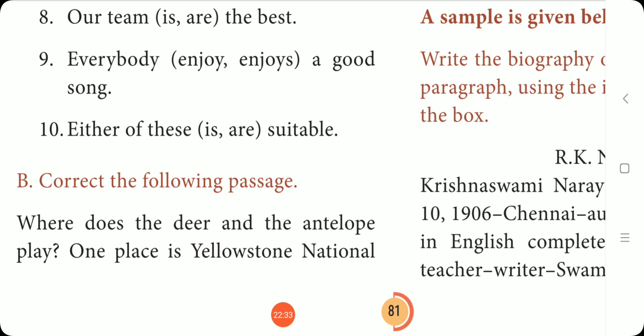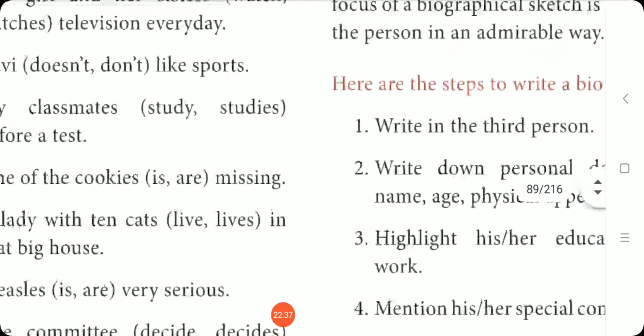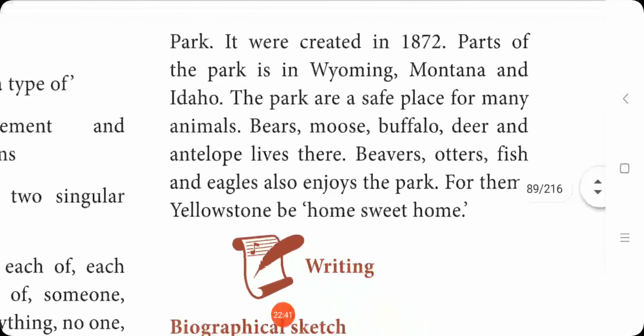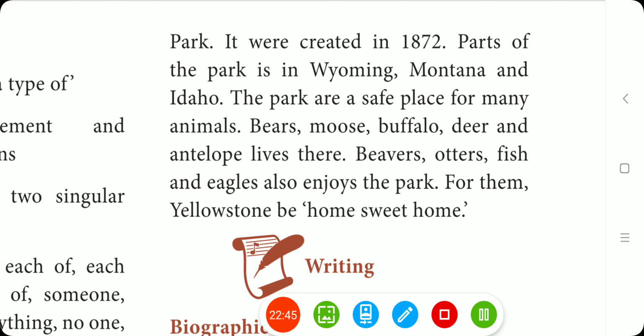Where does the deer and the antelope play? One place is Yellowstone National Park. Yellowstone National Park, it was created, not it were created, right? There will be mistakes like this, and you have to correct the passage. It was created in 1872. Parts of the park is in Wyoming, Montana and Idaho.